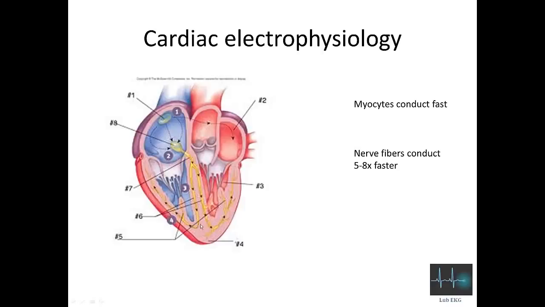It travels much faster, spreading the signal throughout the heart and propagating it to the myocytes, which all cause the heart to contract. But as I just told you, every cell can start to give off a signal which will cause a contraction, and this is what we call an ectopic beat.